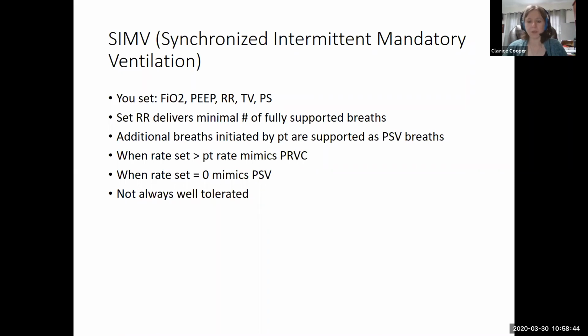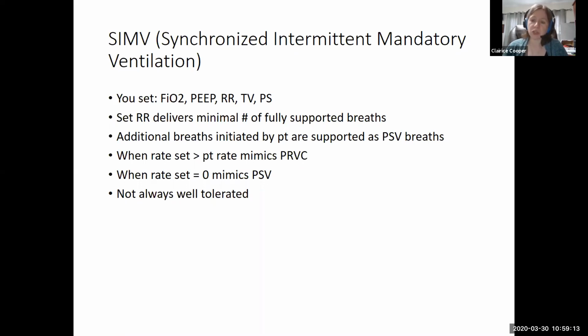However, I would say in practice, it's not always well tolerated by patients, and frequently patients do better if you just switch them over to a weaning mode when they're ready. And I think some of that anecdotally comes from them subconsciously not knowing what sort of breath they're going to get. Am I going to get a fully ventilated breath, or am I going to get a wimpy pressure support breath at any given time?